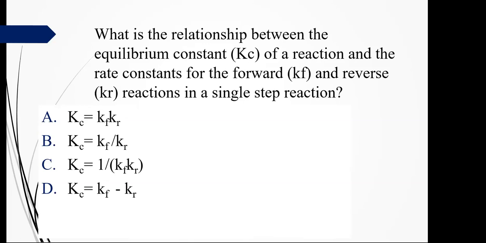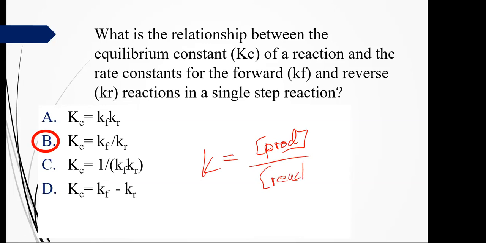This one should be a pretty straightforward connection between our kinetics and our equilibrium. Like you came up with, it should be our kf over our kr for our equilibrium. Remember that we get K to be equal to products over reactants, and products are the result of the rate of our forward reaction, and reactants are the result of the rate of our reverse reaction.